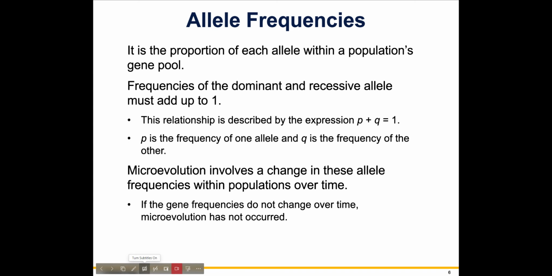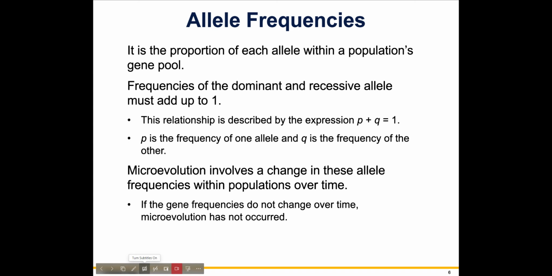So we say that the amount of dominant alleles plus the amount of recessive alleles must equal 1 or 100% of the population. And we can actually write a mathematical equation to express this. So we'll say p plus q. p is the percentage or frequency of dominant alleles. q is the percentage or frequency of recessive alleles. And that is 100% of the population.